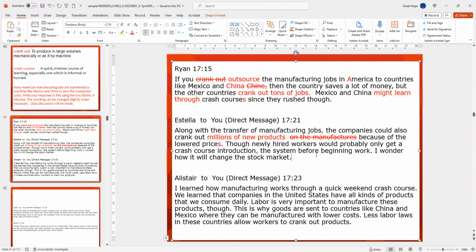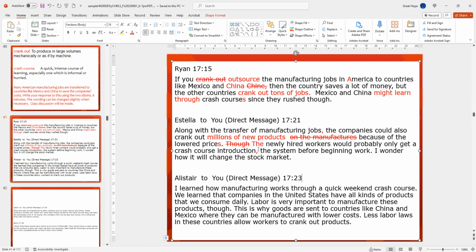All right. Then you cannot use though, because though means it's a clause. It's not a main sentence. If you don't have a main clause, you cannot use though. You understand? It cannot stand by itself. All right, Estella? Do you understand? You know what I mean? Yeah. Okay. The newly hired workers would probably only get a crash course introduction.